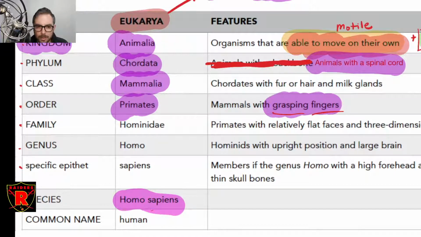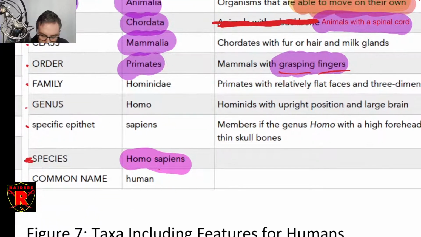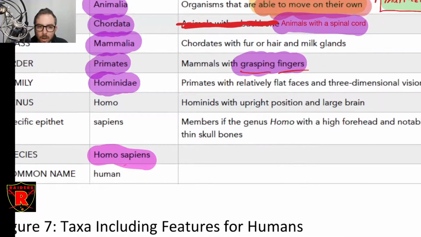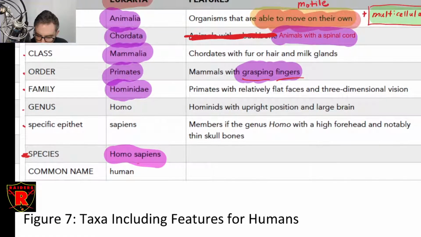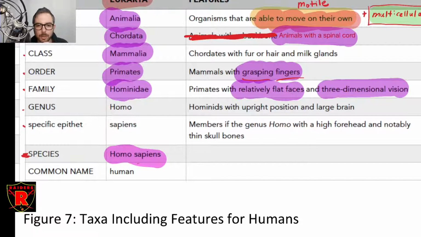Of all the primates, we belong to the family hominids, or Hominidae. All of the hominids are primates that have a relatively flat face and 3D vision. Okay? You might be thinking, well, what are the other hominids? There are none.